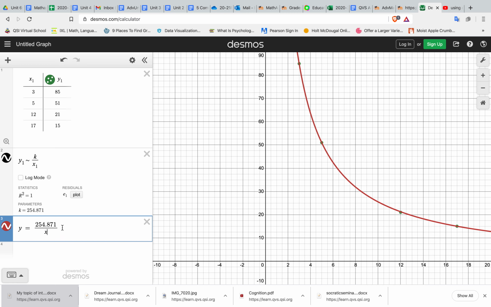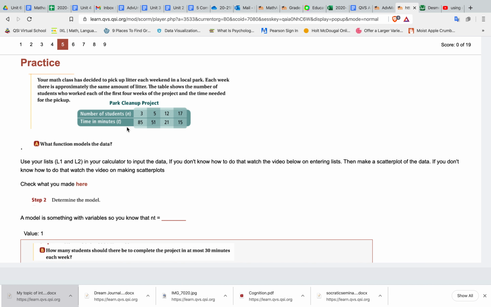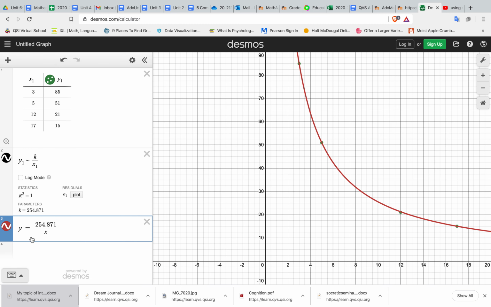So what does this mean? Well, we have to remember that y was the time and x was the number of students. So our model, and look, we're just saying 255 because it's really close, right? This value up here on the top is about 255.